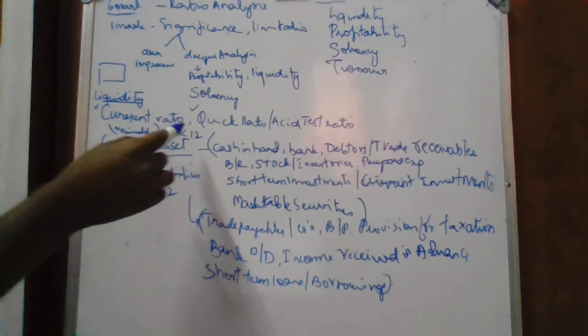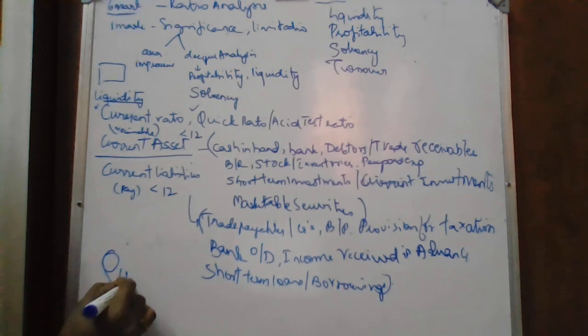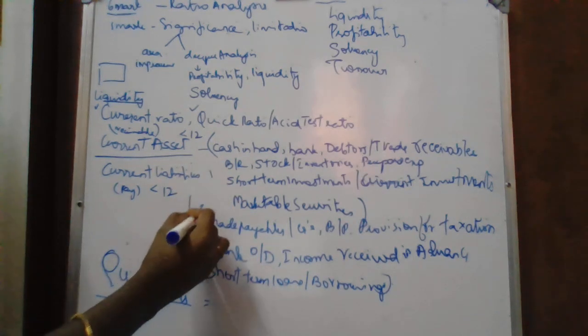Now, what is the formula for quick ratio? The formula for quick ratio will be quick assets by current liabilities. Current liabilities, you know all these items.